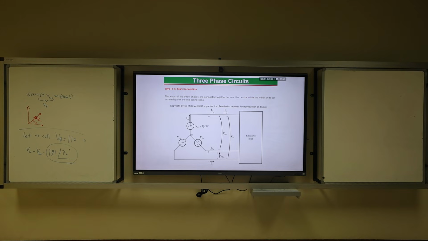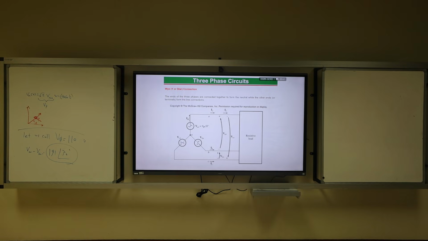What else do we need? Mode 2. So now you are in complex. 110 angle 0 minus 110 angle what? I told you, VBN is minus 120.